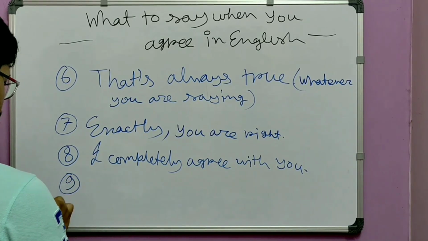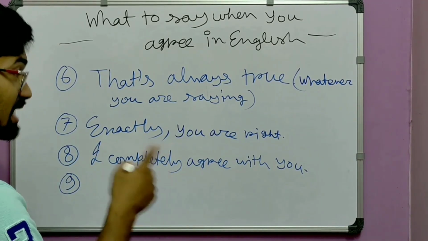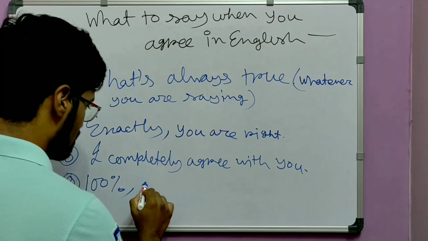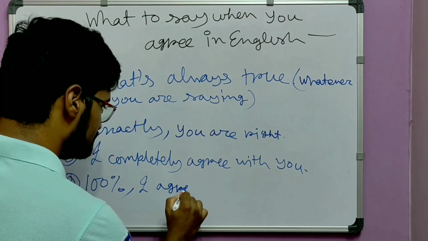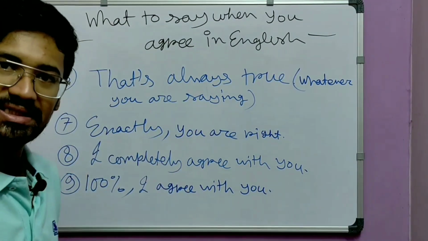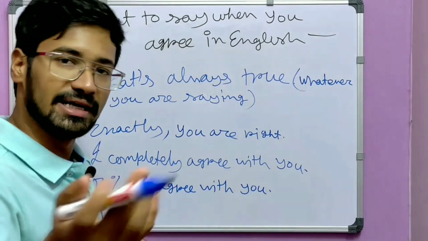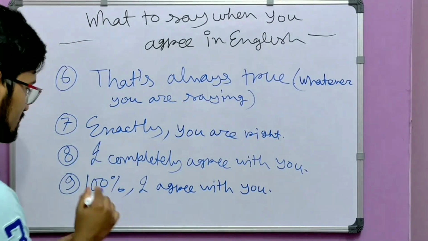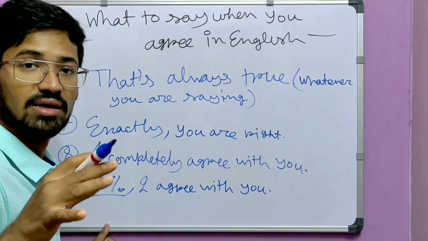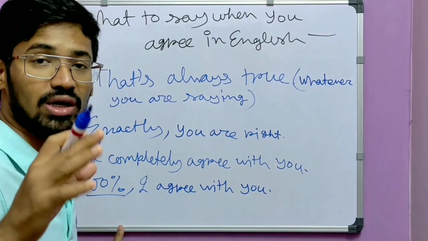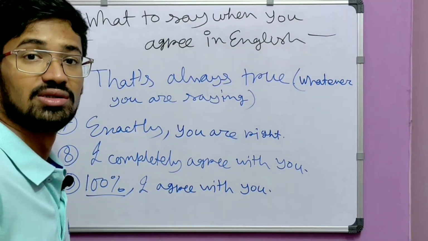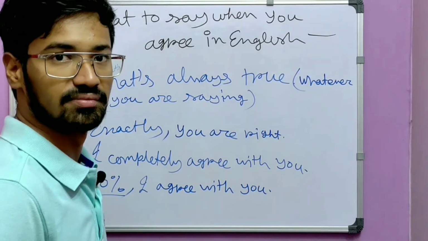Next, you can say 100% I agree with you. Yes, 100%. You can simply say I agree with you. If you add just 100% before I agree with you, it will emphasize whatever you are going to speak or whatever you spoke, and it also enhances your way of talking in English.